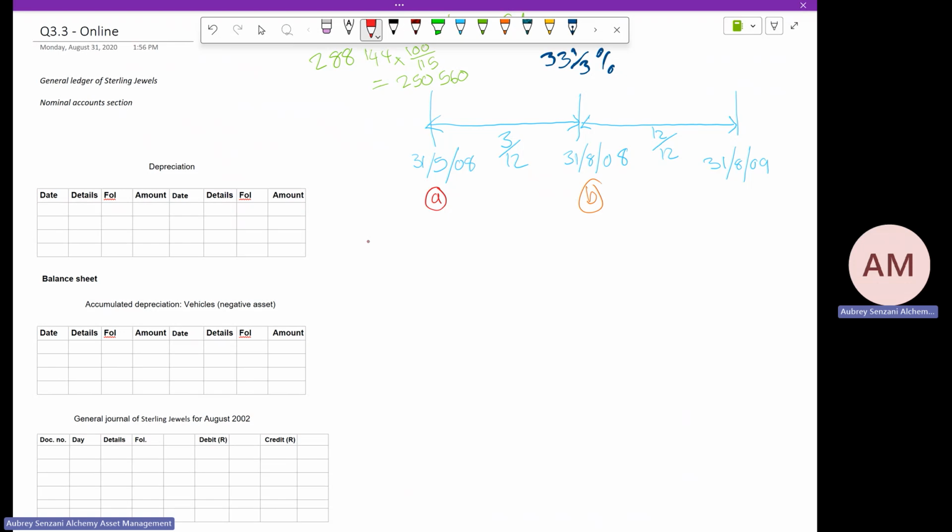So we would then say 250,560 times our depreciation rate, which is an annual depreciation rate.